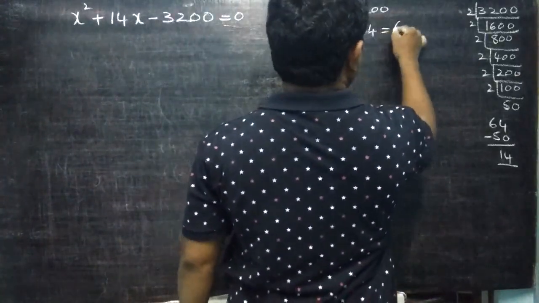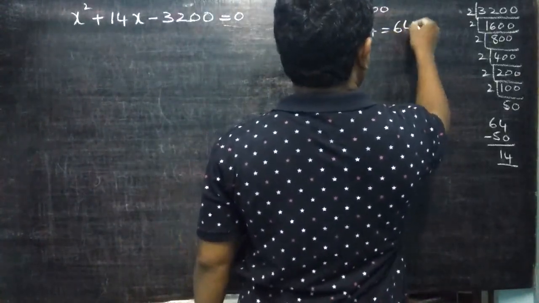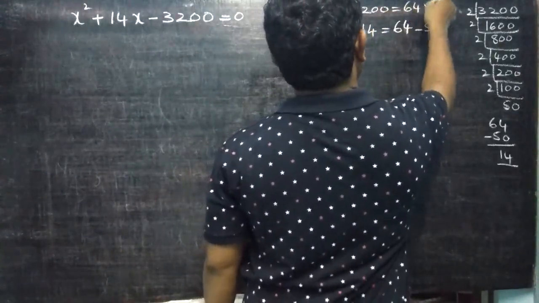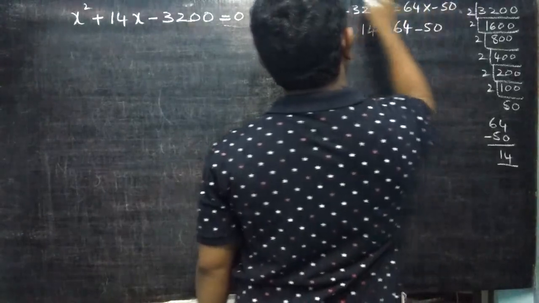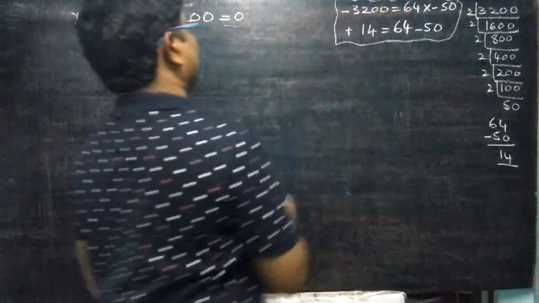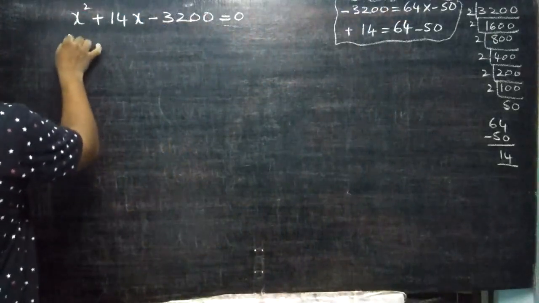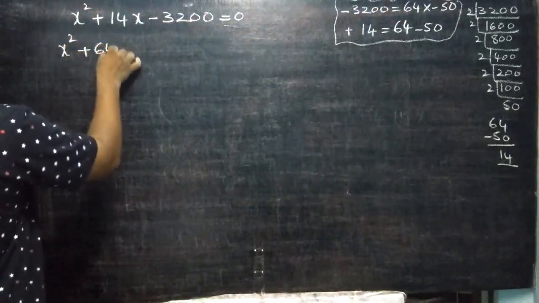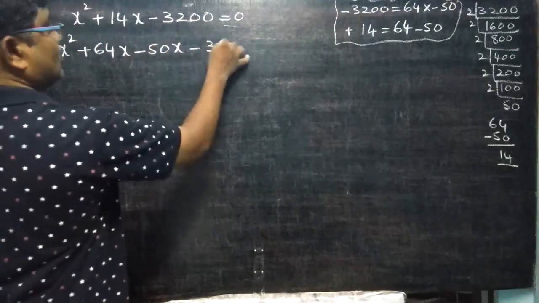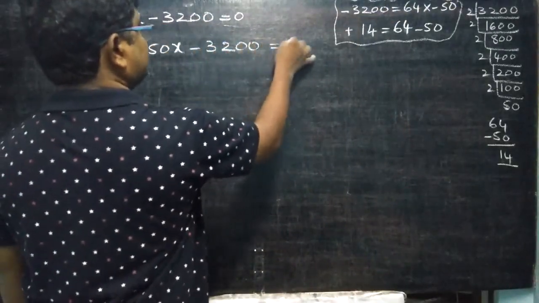So 64 into minus 50. These are the factors for minus 3200. So x square plus 64x minus 50x minus 3200 is equal to 0.